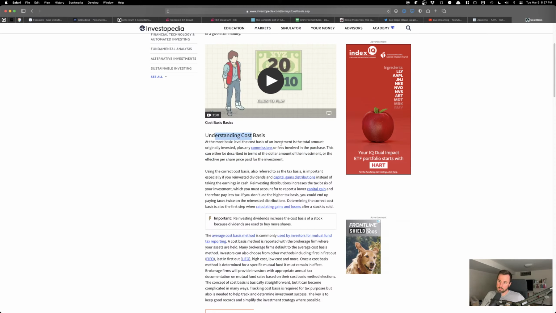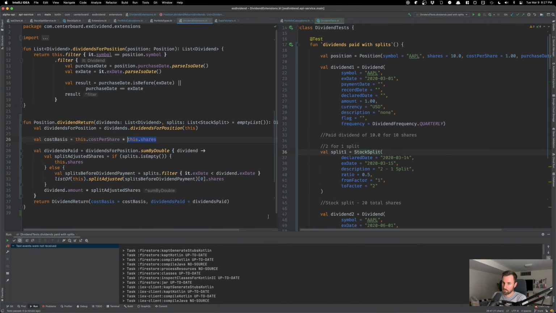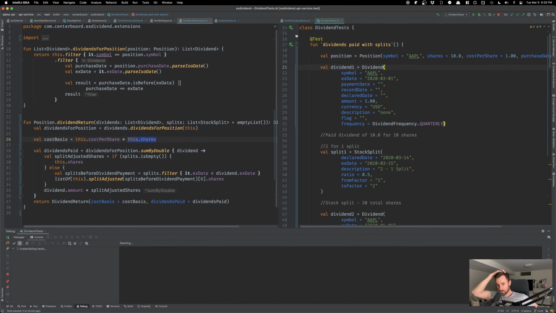Most basic level cost basis is total amount originally invested. Yeah, so we're good there. Okay, now we can maybe run some tests because we fixed our compile issues.